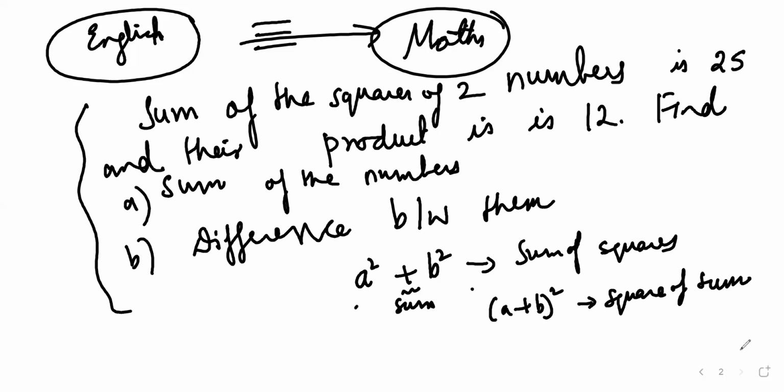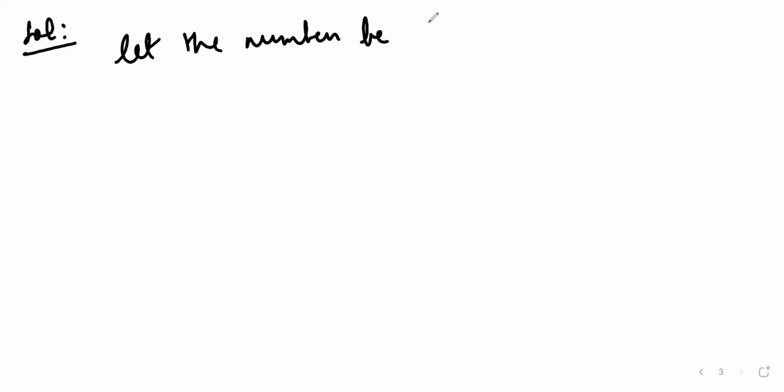We don't know them. And I told you in algebra, whatever you don't know, you can take them as unknowns or variables. So we're going to go with the solution. Let the numbers be a and b. So according to the question, what do we have?